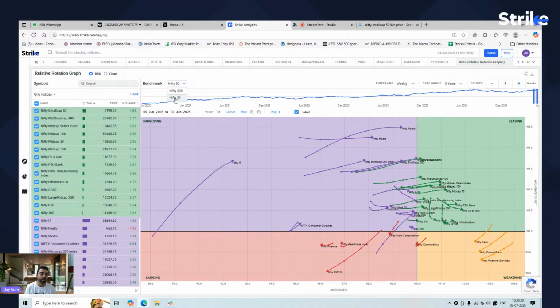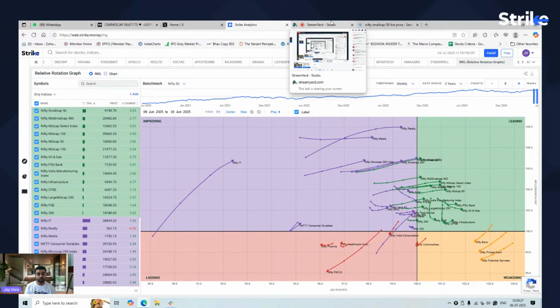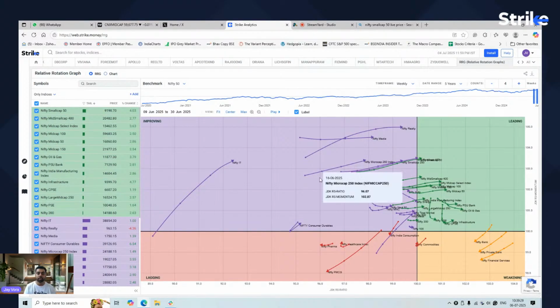One more thing that we have given over here is the benchmark with which you want to compare. Now, it is very important for people to understand that when you are analyzing RRG, you are doing a relative performance analysis. Which means that over here I have taken a benchmark index, right?